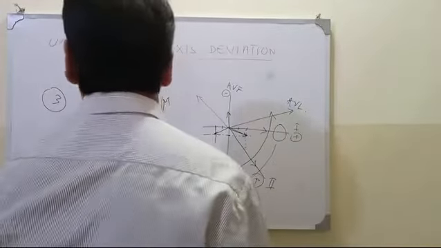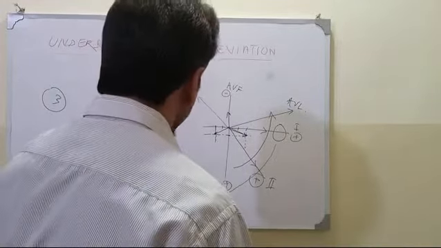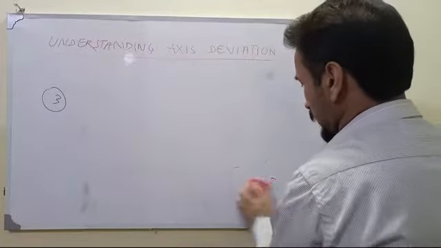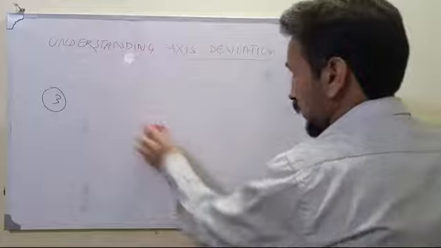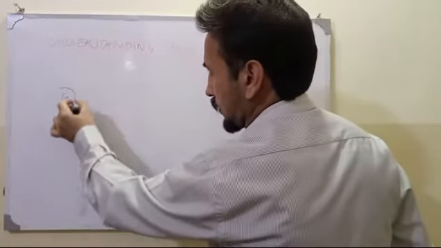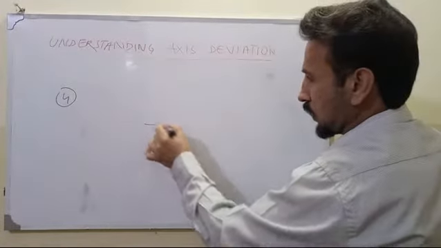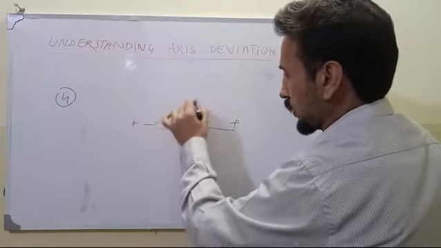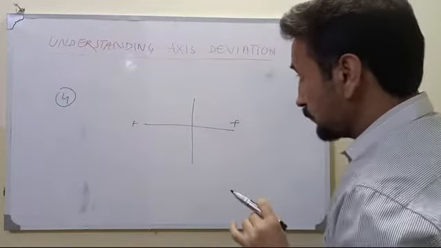Now the fourth method uses lead 1. This is lead 1, positive pole, negative pole, and this is AVF, right?